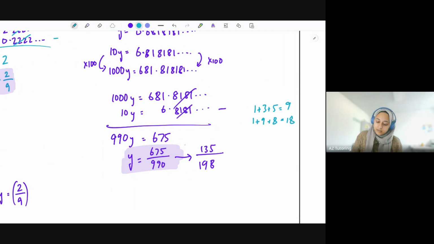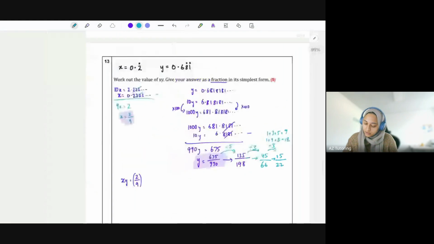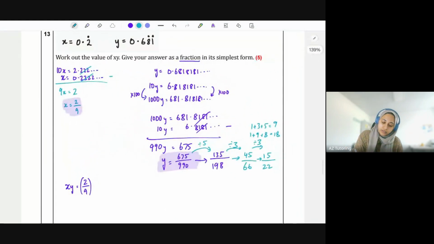So I can divide the top and bottom by 3. 135 divided by 3, use your bus stop method, 45. 198 divided by 3 gives me 66. I can divide by 3 again. 45 divided by 3 is 15. 66 divided by 3 is 22. Okay, so 15 over 22.